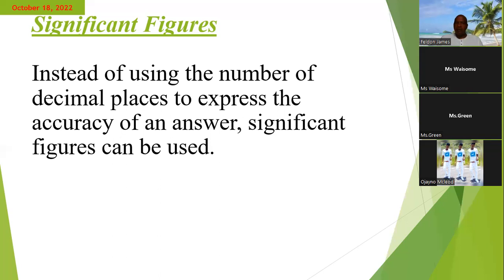But significant figures are all the figures starting from the first non-zero digit to the right. So that's how we find the significant figures in our answer. Once you start counting all the digits from the first non-zero to the right, those are all significant figures, unless we decide which significant figure we want to round off to.